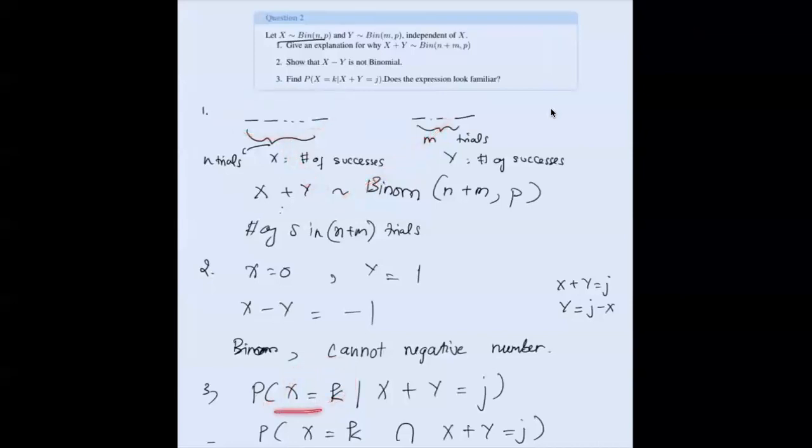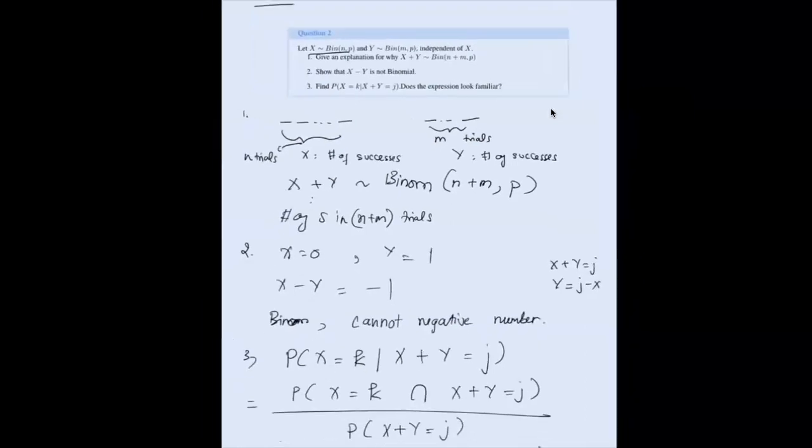Like, what is the probability that we have K successes from the first N trials if we know that in total we have J successes? So it actually matches the description for the hypergeometric distribution.